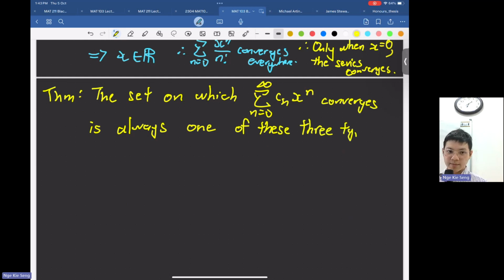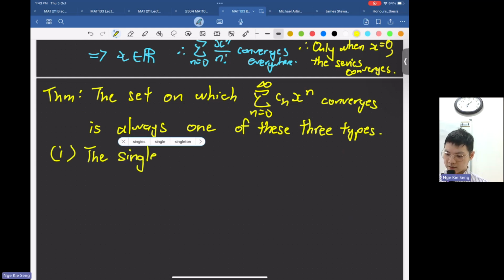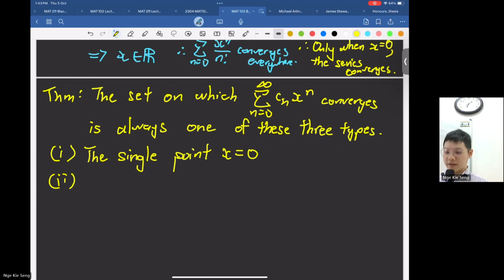So what are the 3 types here? So first type is just a single point, x equals 0. And then as an interval, maybe from minus L to L.